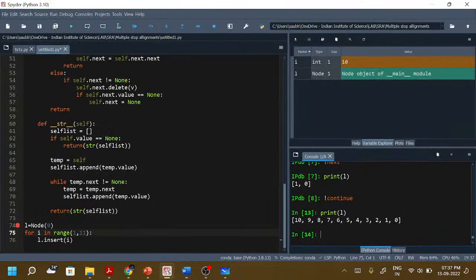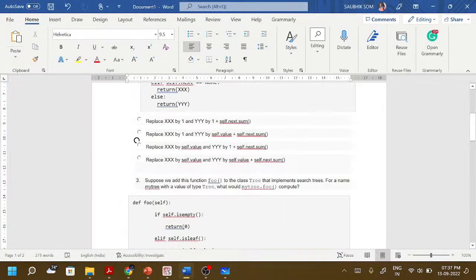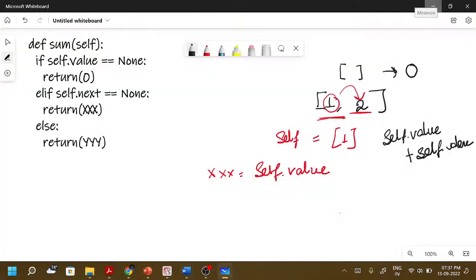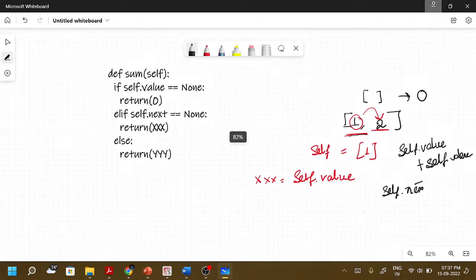When self is 1, we have to call self.next.sum, because again it will check if the next sum is 0.